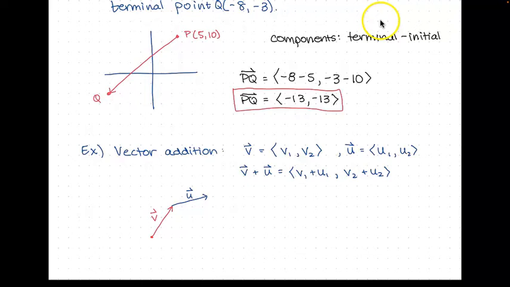So if they're drawn that way, then vector v plus u starts where vector v starts and ends where vector u ends. And that is v plus u. If you're wondering why they call it the parallelogram method, you can actually make a parallelogram out of it.